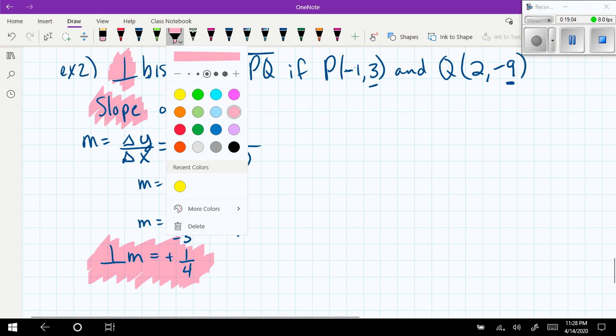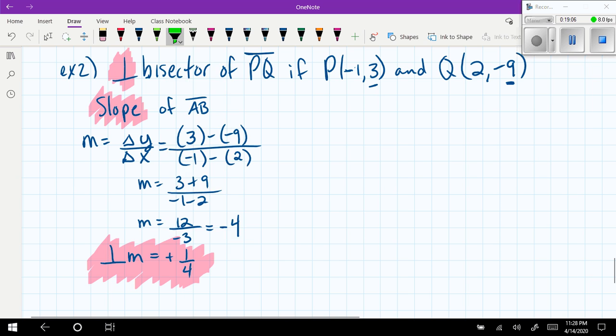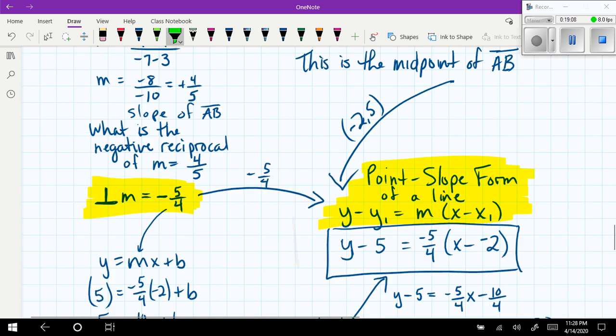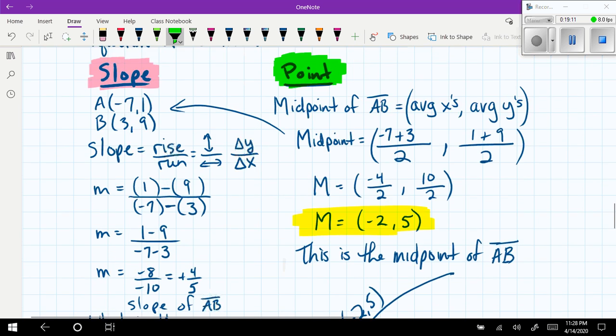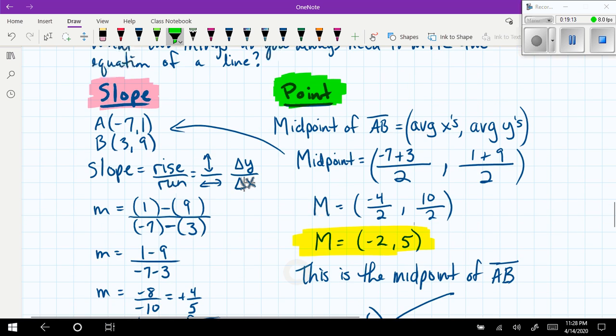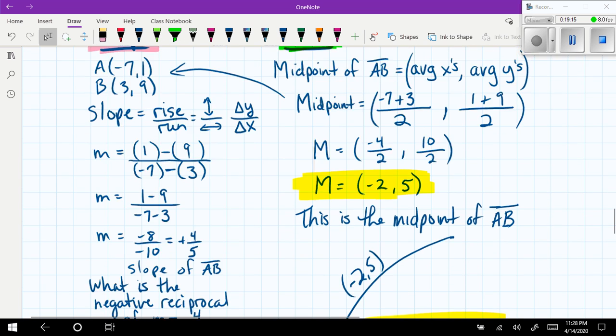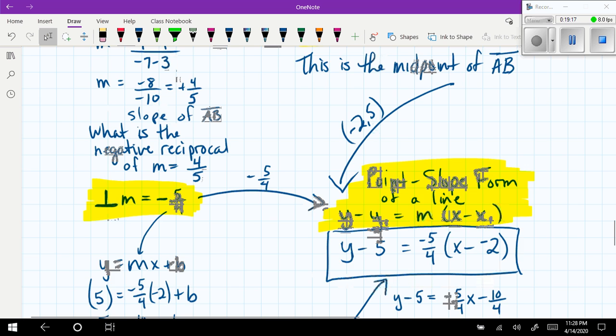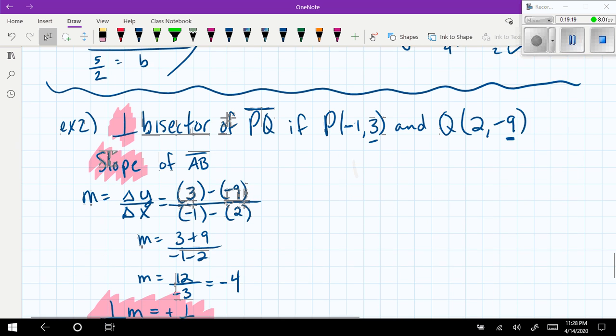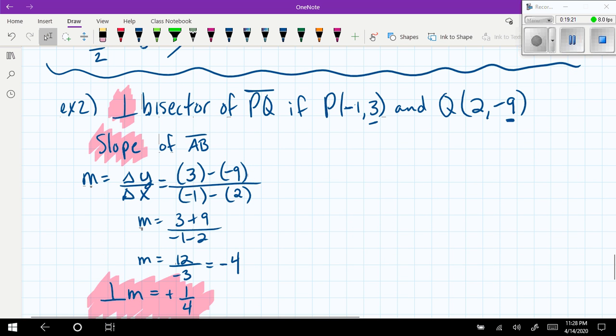Now I'm going to switch colors. Looks like I used green. Okay, we'll do it anyway.